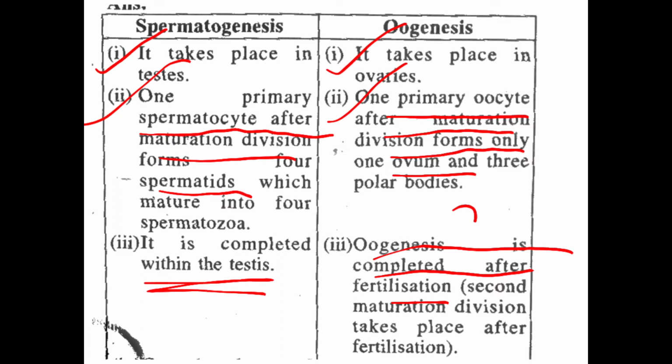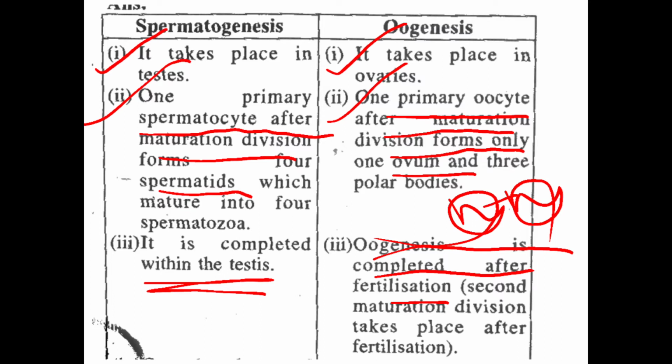Till fertilization, the ovum is not produced, because until fertilization happens it remains as a secondary oocyte. The haploid number, the first maturation division, that is reduction division, will be completed and that produces the secondary oocyte.